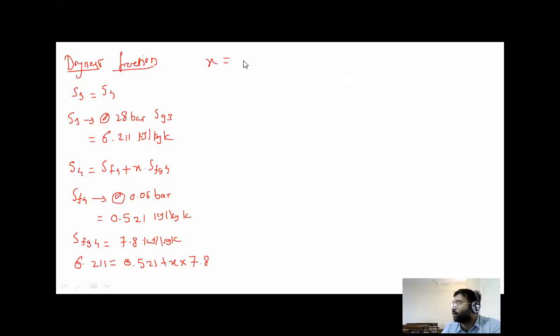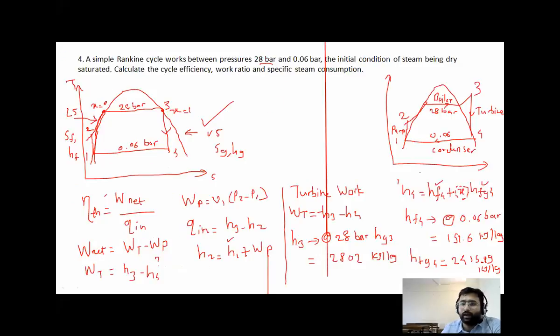Correct? 0.72, that is the dryness fraction. What is the meaning of this? 72% is steam and 28% is water. Now, why do we calculate the dryness fraction? Because we wanted to calculate the H4 value.